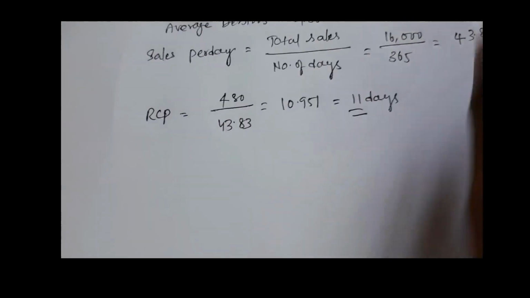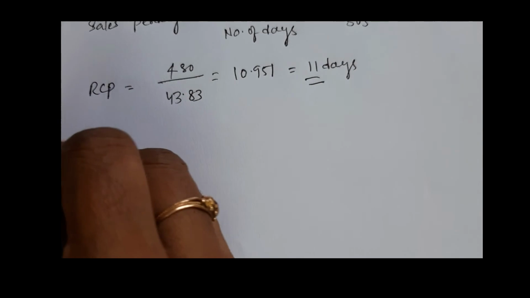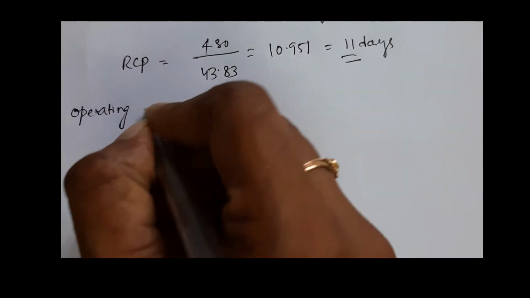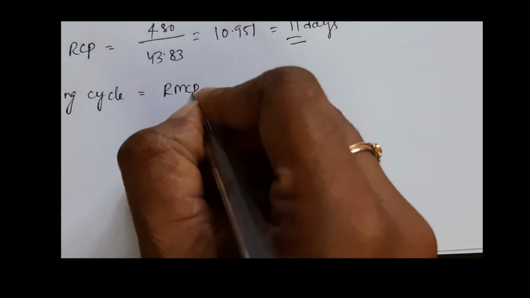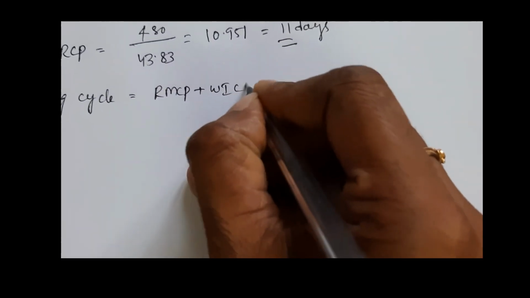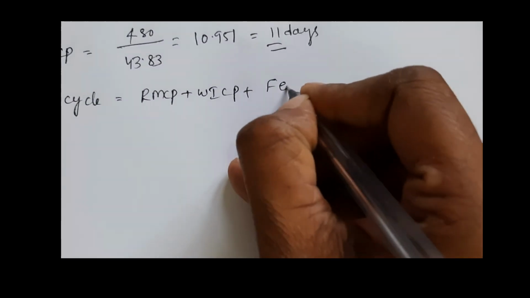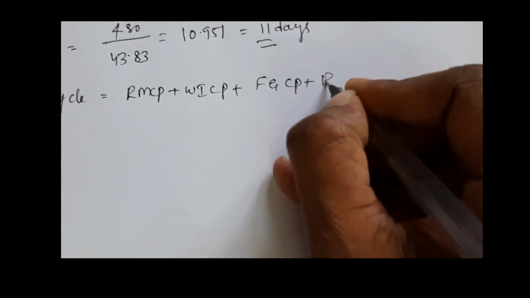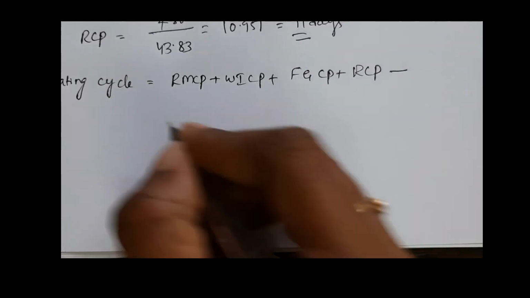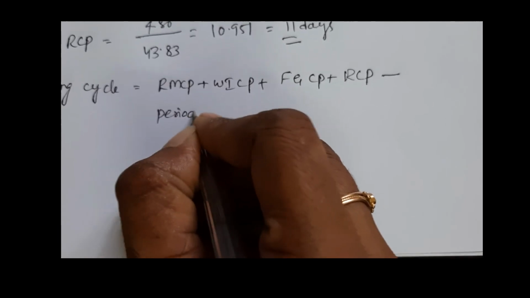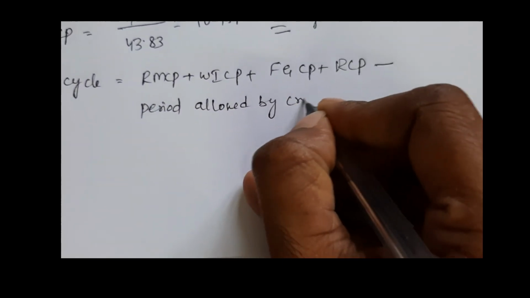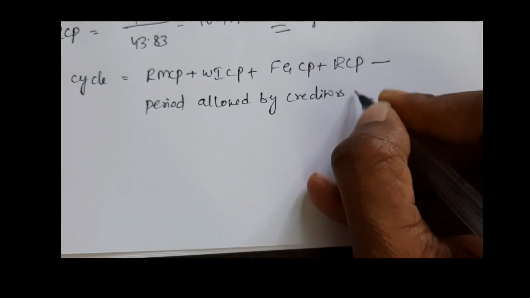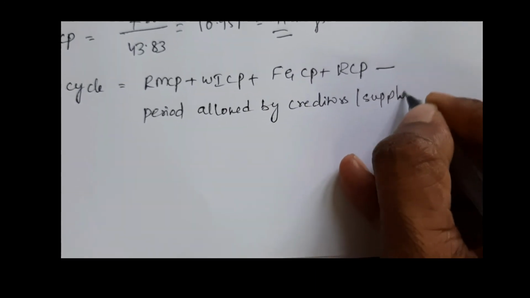Now finally, operating cycle. Operating cycle is equal to RMCP plus WICP plus FGCP plus RCP minus period allowed by creditors or suppliers.